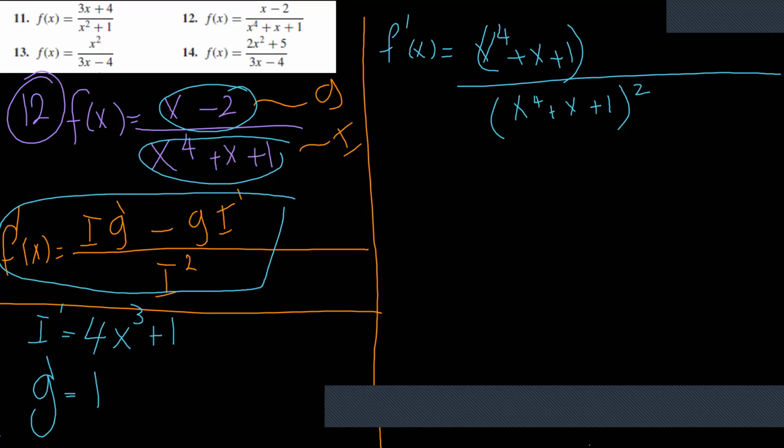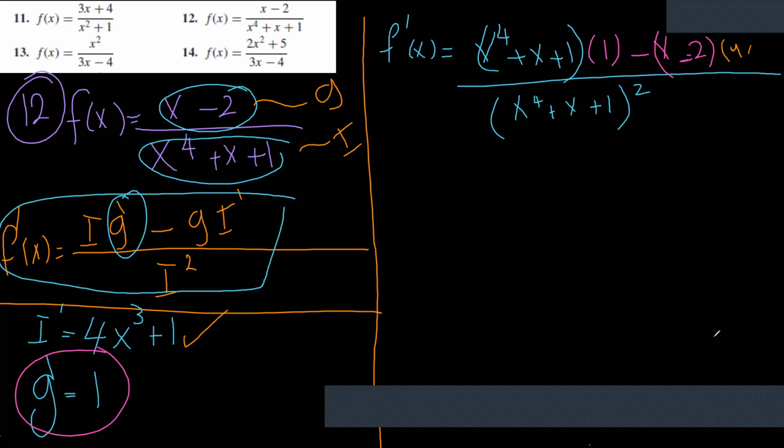So x to the power 4 plus x plus 1, which is h, times g prime. Where is g prime? It is 1, minus g, which is x minus 2, times h prime. Where is h prime? It is 4x cubed plus 1.